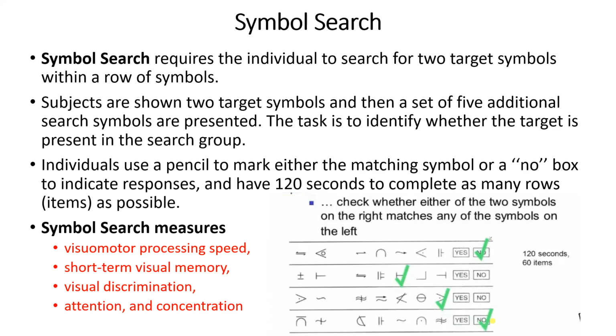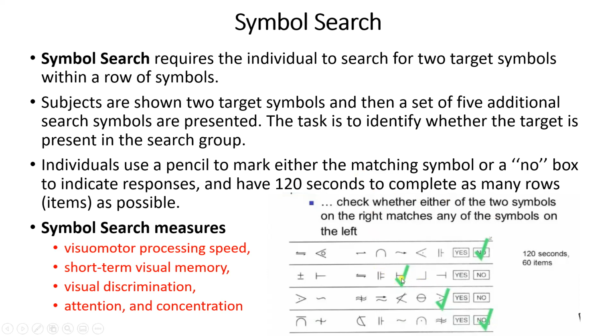Short-term visual memory is also involved because you have to retain in your short-term memory the two target visual symbols to be matched with the remaining five symbols. Visual discrimination is also involved. For example, in this item, in the second row, the participant failed to discriminate the symbol and incorrectly put a tick mark on this symbol.